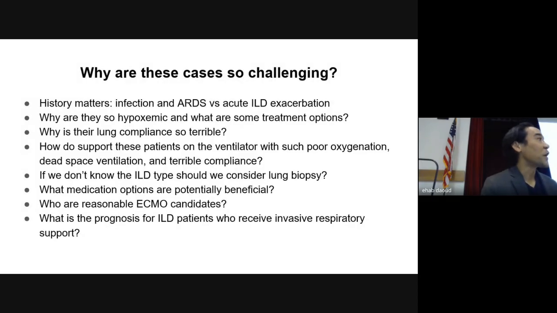How do we manage these patients on the ventilator with such terrible gas exchange and respiratory mechanics because of their diffuse parenchymal lung disease? Should we biopsy these patients? Should we activate the ECMO team? And what's the prognosis for these patients with severe hypoxemia and often hypercapnia as well?